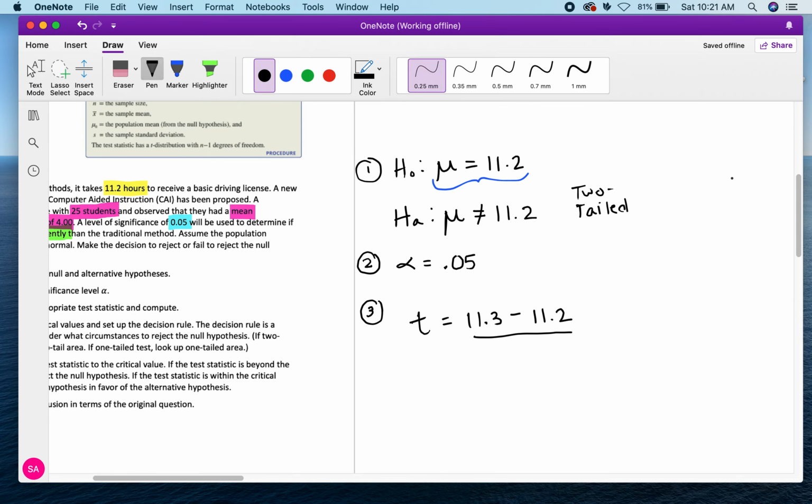So I'm going to write it over here. So variance we represent with an S squared, right? So to go from variance to the sample standard deviation, we are going to square root both sides. Square root of 4 is 2. So our sample standard deviation is going to be 2. And then we divide all of this by the square root of the sample size, which is 25.